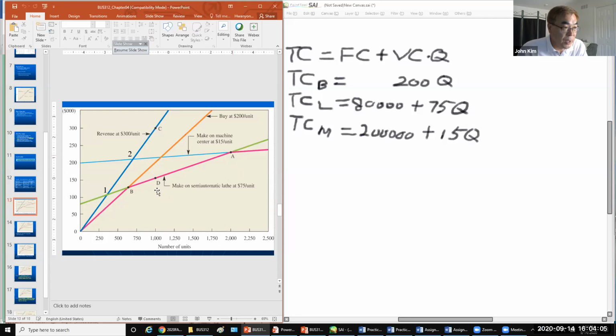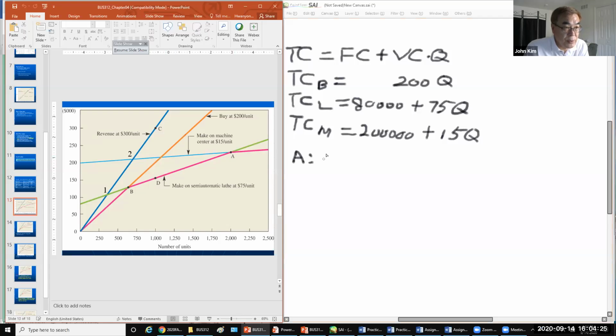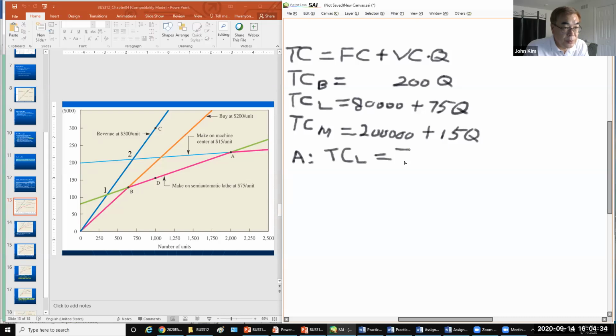So on A, on B, on A, on this point, second option and third option cross. So that means second option TCL equals the third option TCM.